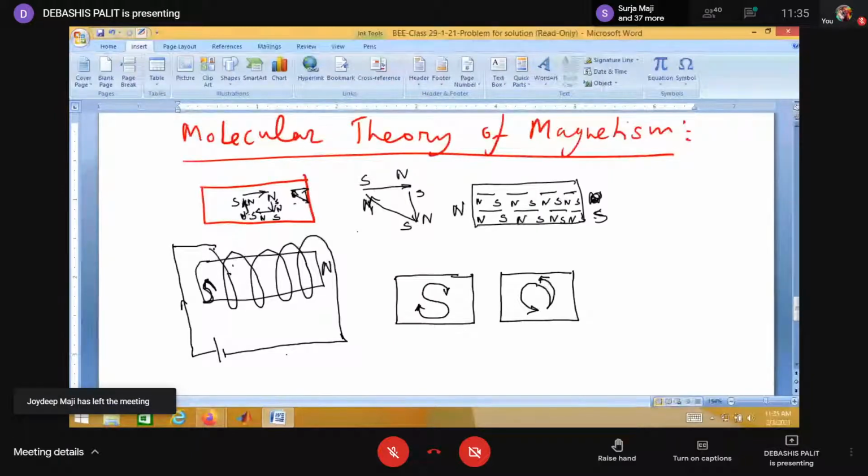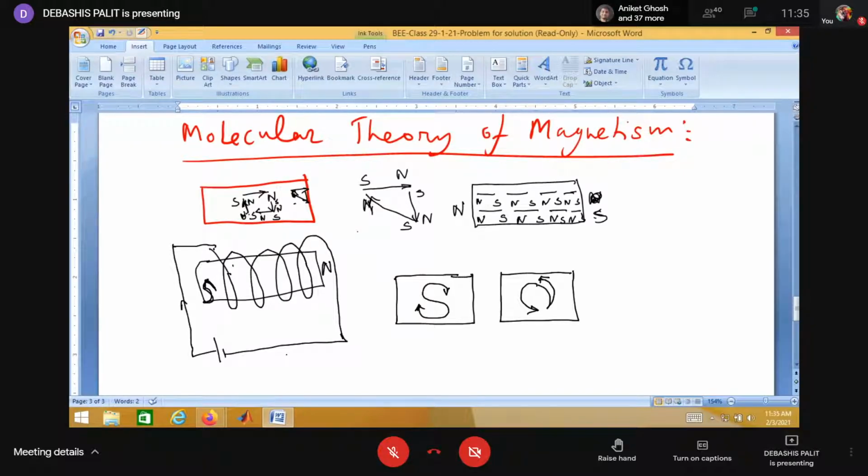It also explains clearly that if you increase the temperature of the magnet, there is vibration in the Weber elements, and at one temperature, due to these vibrations, thermal agitation in the Weber elements will destroy this parallel orientation.